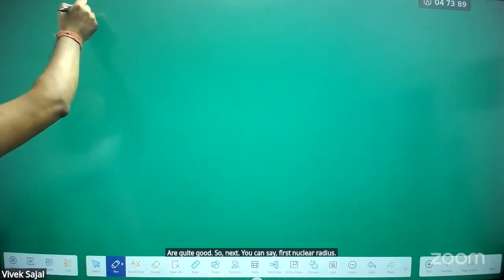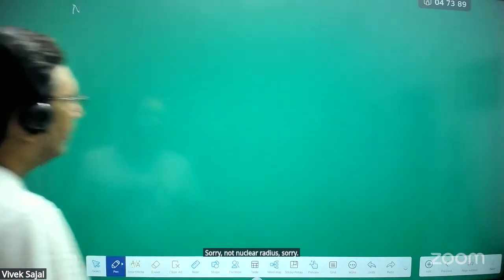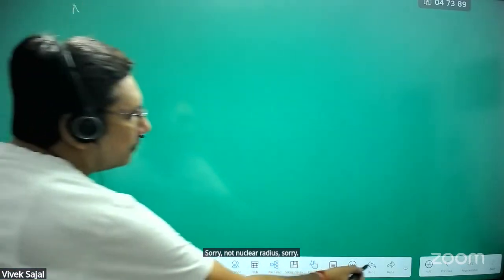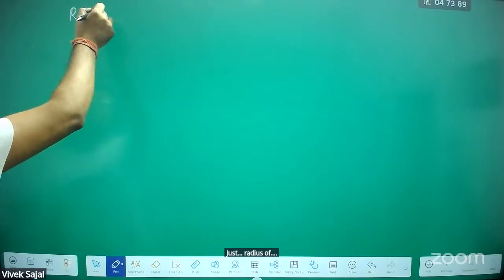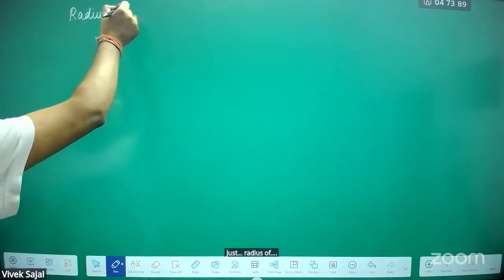So next, first, radius of the nth orbit.